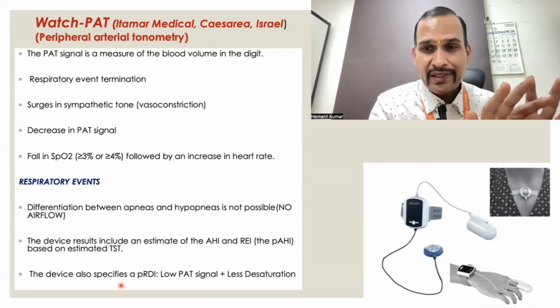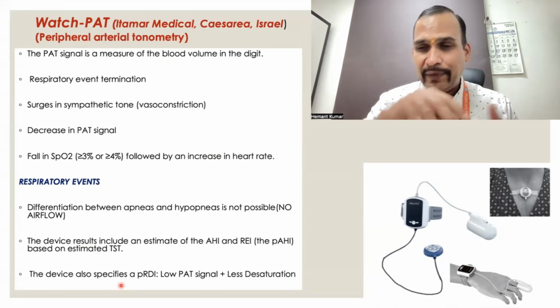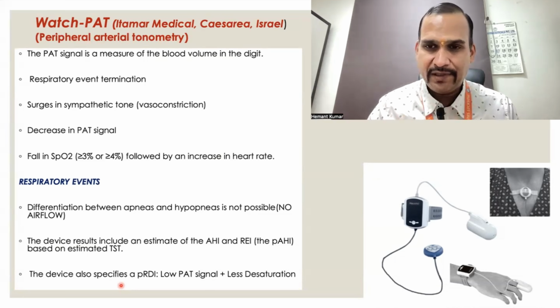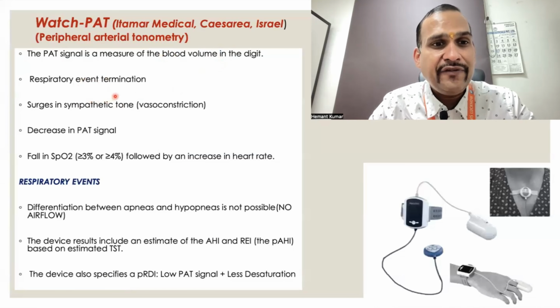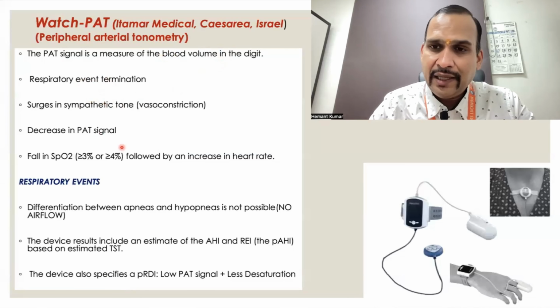So our PAT machine will detect blood flow in the peripheral artery in this finger. The PAT signal is a measure of blood volume in the digit after respiratory event termination. Right?